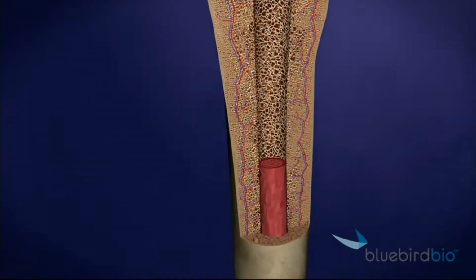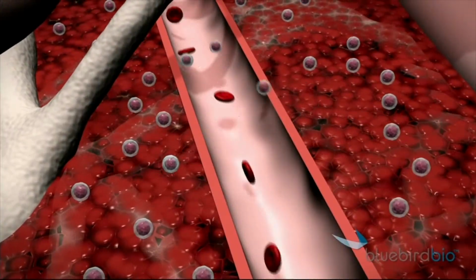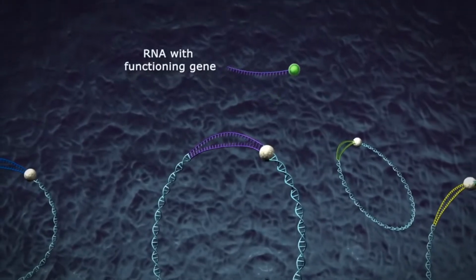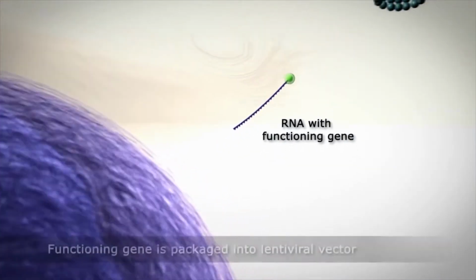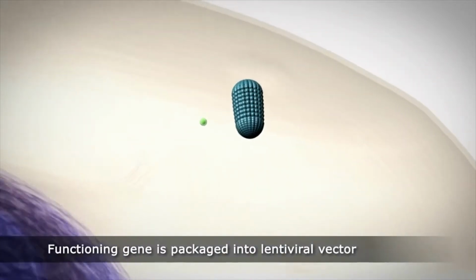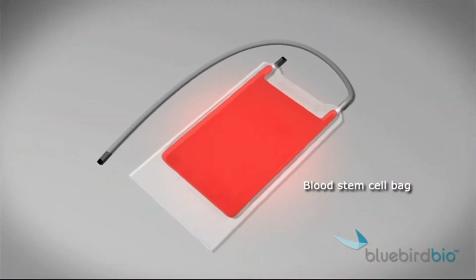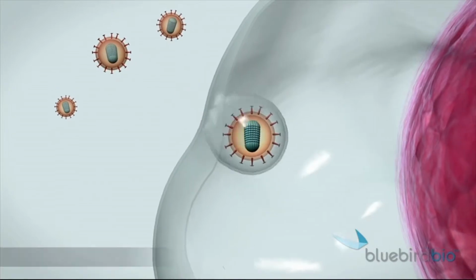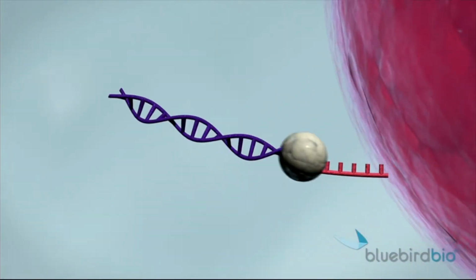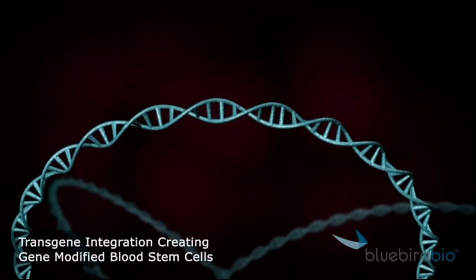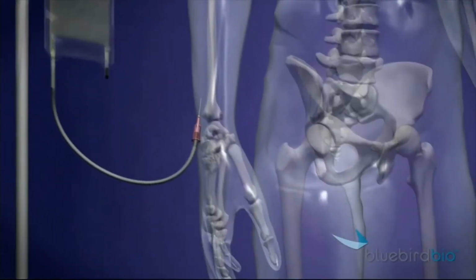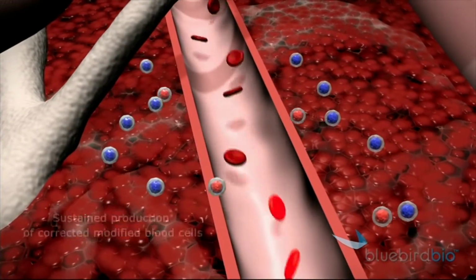This is done by removing the patient's bone marrow, which contains hematopoietic or blood stem cells, using gene editing to remove the mutation, then mixing the adenovirus containing the functional guide RNA strand, enclosed within a protein, with the blood stem cells. The guide RNA recognizes the target DNA strand using the simple rules of ATGC, then introducing the functional DNA strand into the gene, thereby correcting the mutation. The blood stem cells are then reimplanted back into the patient to cure the disease.